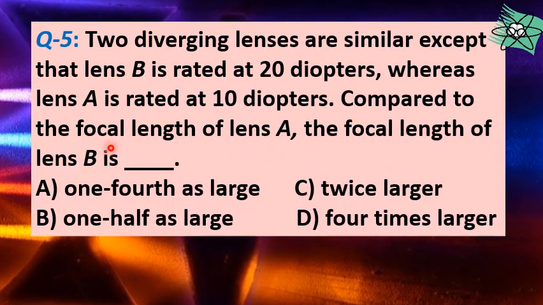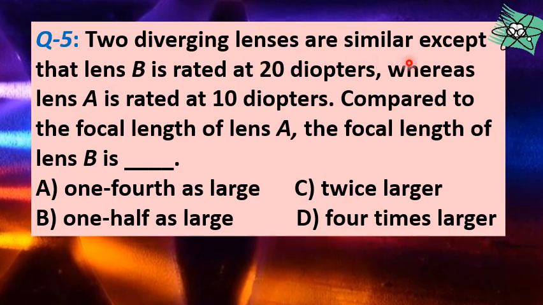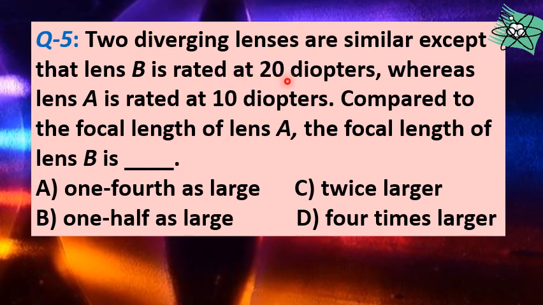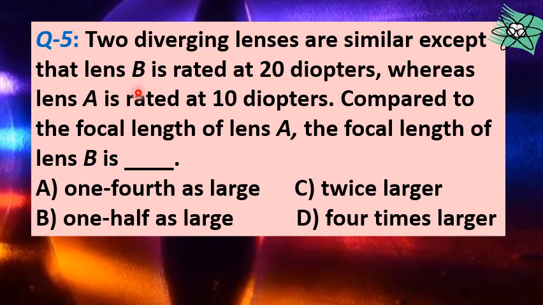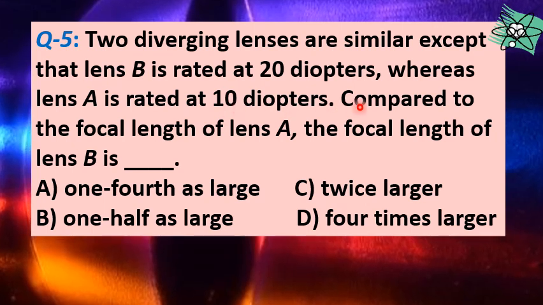We're down to our last question, number 5. Two diverging lenses are similar, except that lens B is rated at 20 diopters, whereas lens A is rated at 10 diopters.